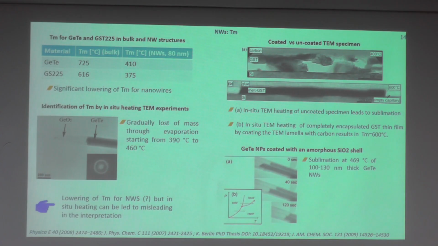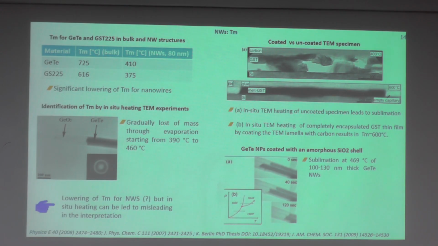In the case of nanowires, this melting temperature is reduced a lot, to 410 in the case of GT, and in the case of GST this is 375. So we see a significant lowering of melting temperature.